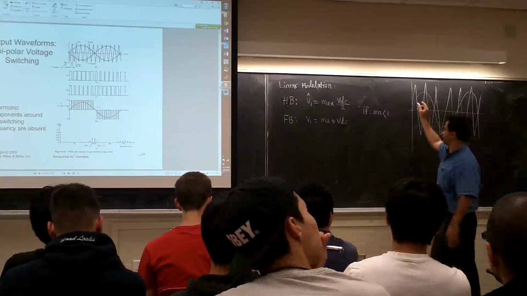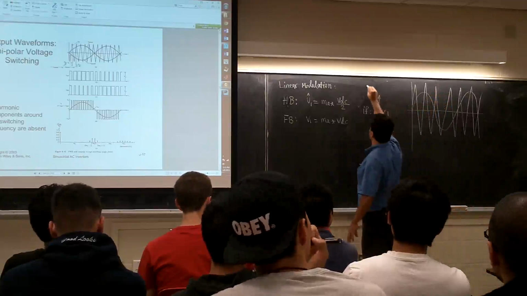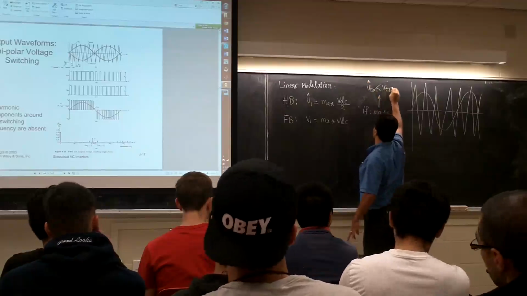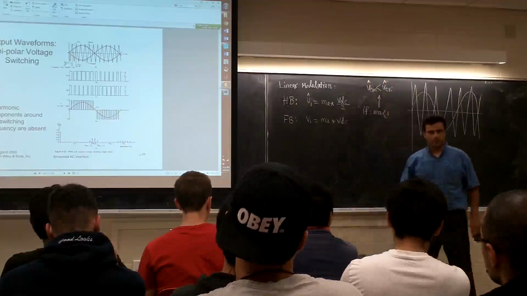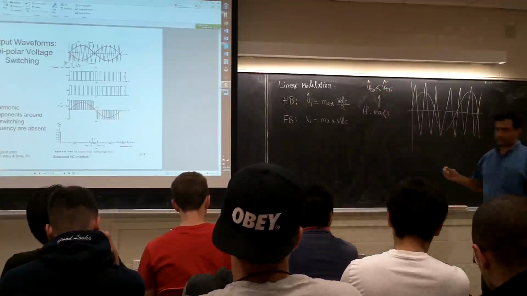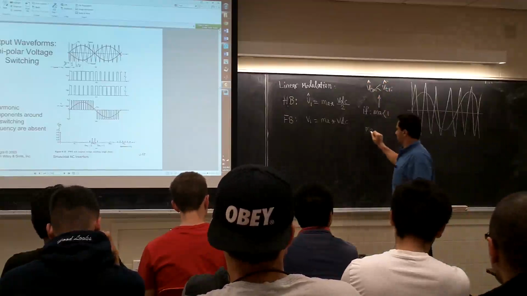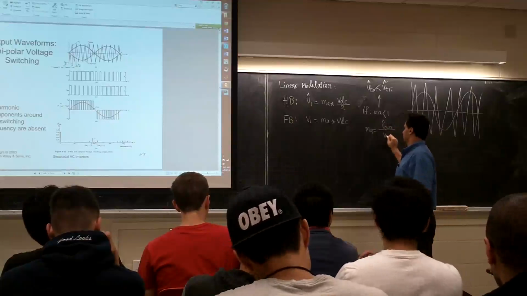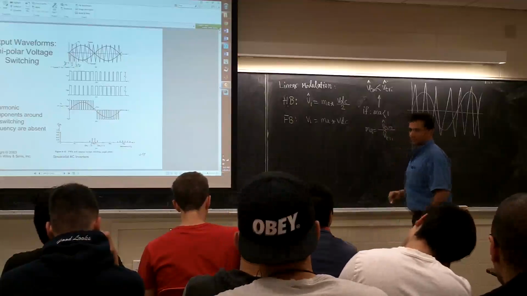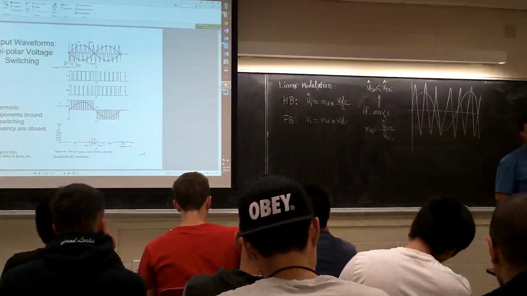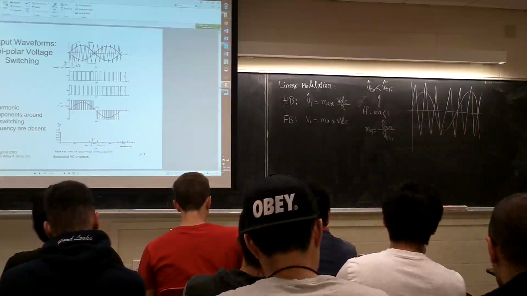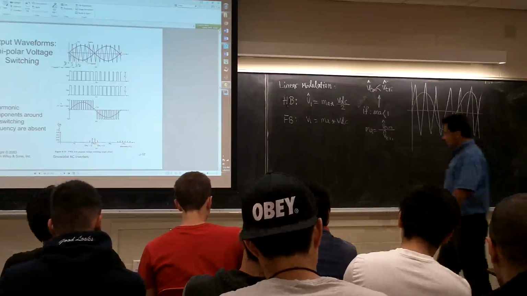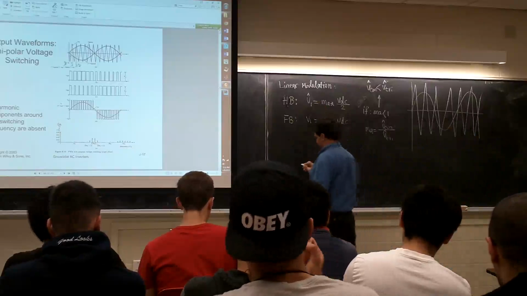Translated, V control max is less than VTRI max, because MA was defined as V control max over VTRI max. So if MA is less than 1, the V control max should be less than VTRI max.